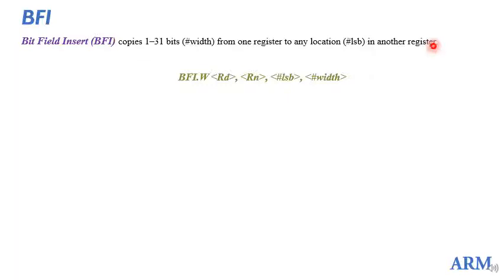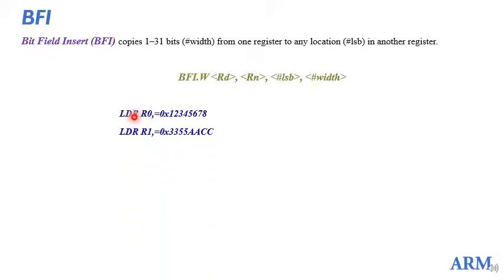Whereas here you are going to insert a part of another register into the given location and into the given width. So that is why here you need two registers. So the syntax is BFI.W Rd comma Rn comma hash LSB comma hash width. So we'll see the example.